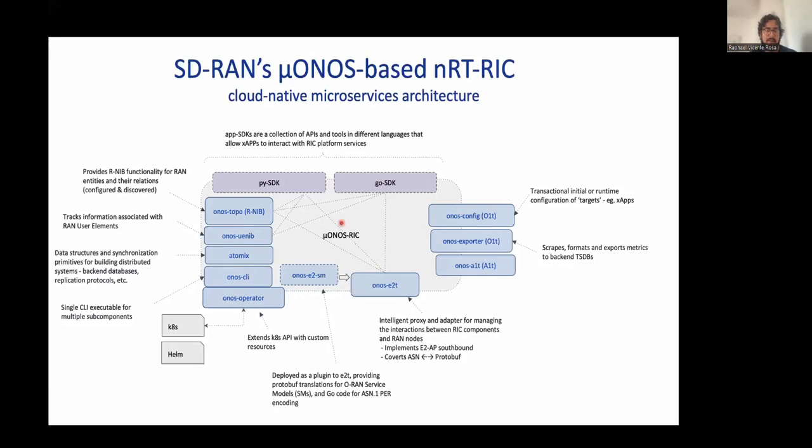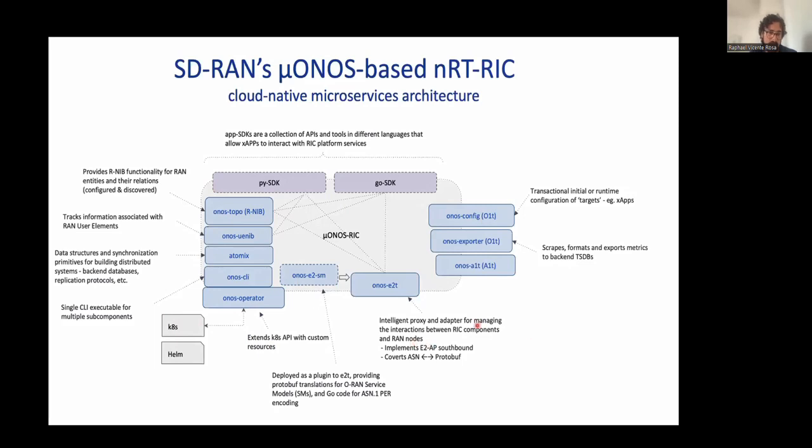A quick example is that it's possible to define certain annotations in Kubernetes manifests that allow ONOS Topo to store these components and be discovered by ONOS Config, so that ONOS Config understands what components are configured, which models are configured in these components, and their respective addresses.